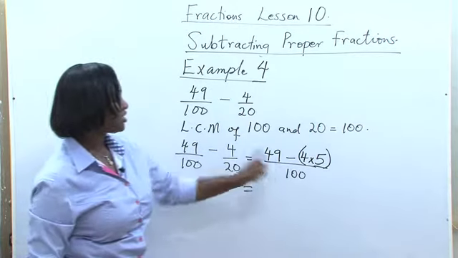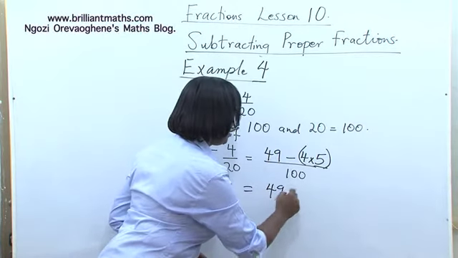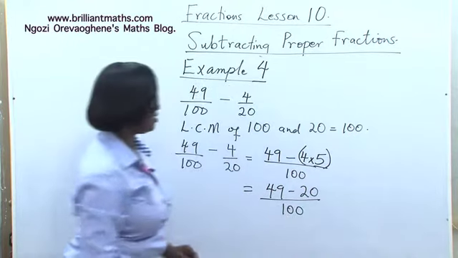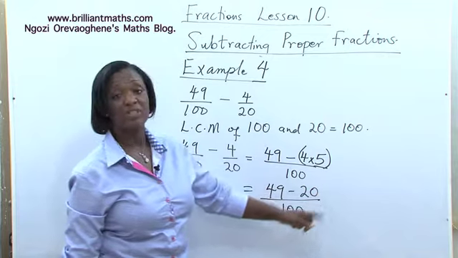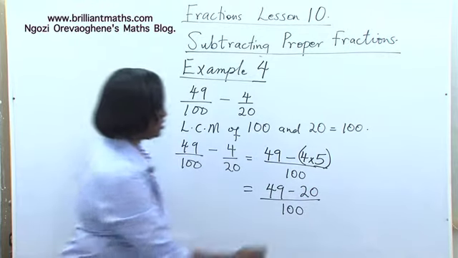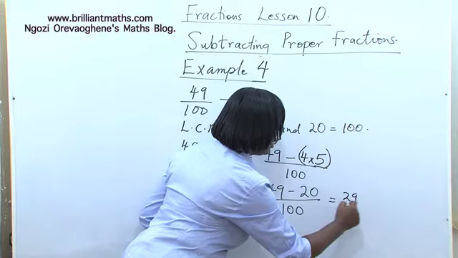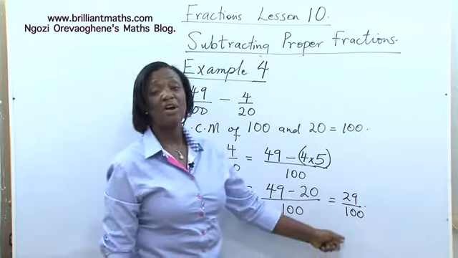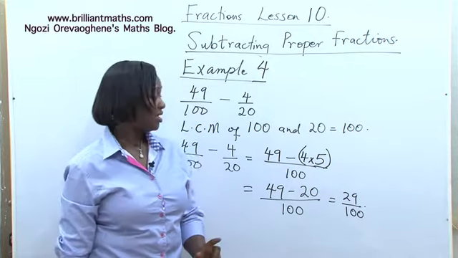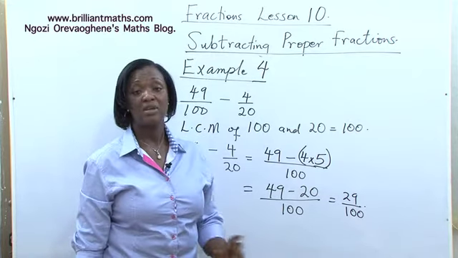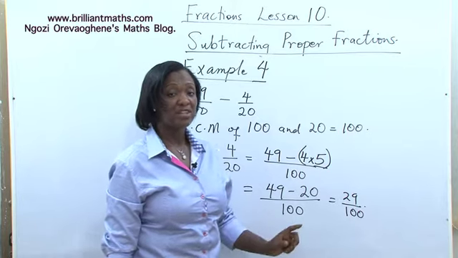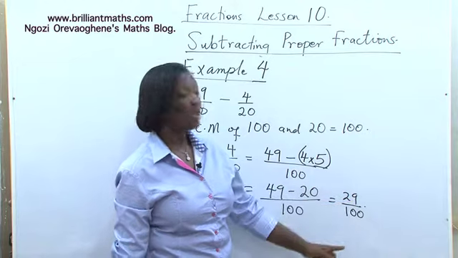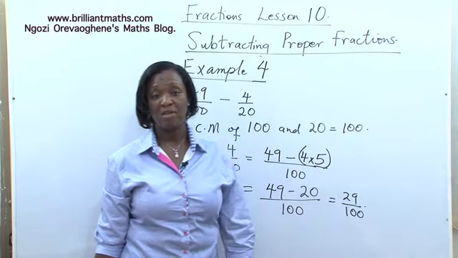So we're going to subtract 20 from 49. 49 minus 20 equals 29 over 100. Again, 29 over 100 is in its lowest term. There are no common factors apart from 1. There's no other number that can divide 29 and 100 without a remainder.